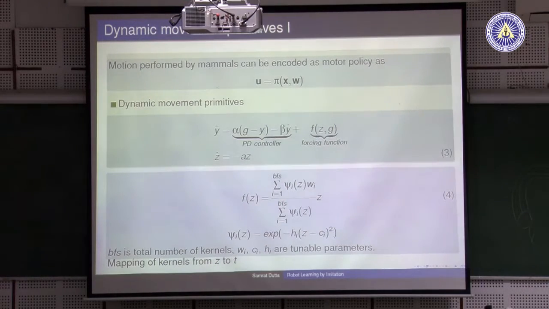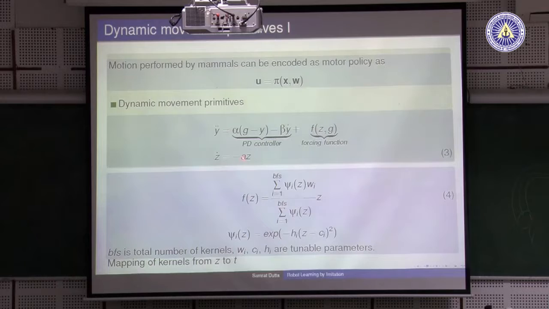It is defined like this. This system is actually driven by this state, which is defined as this, and this is called the canonical system. See here, this canonical system is always asymptotically stable if A is positive.